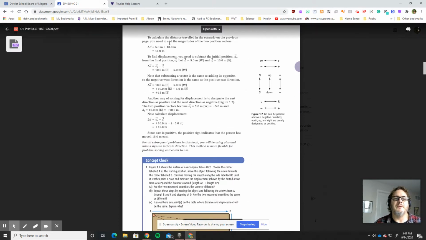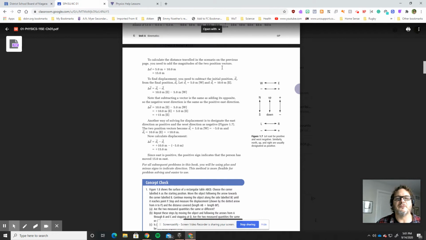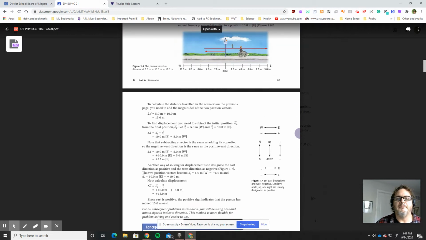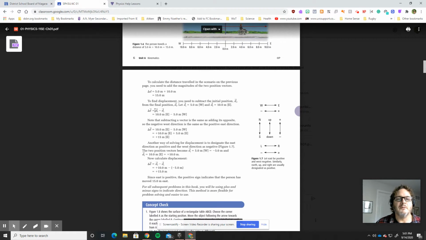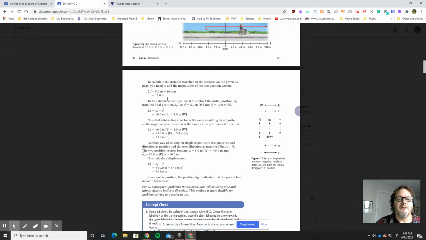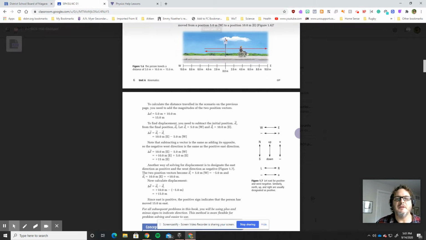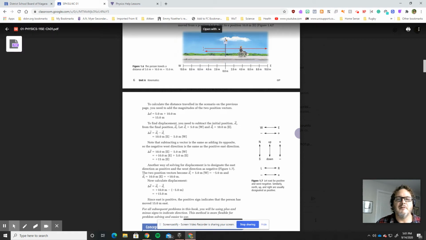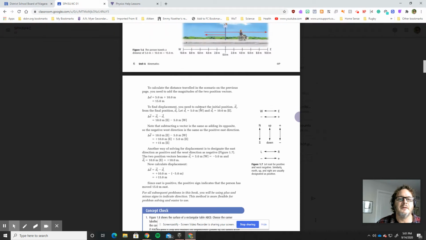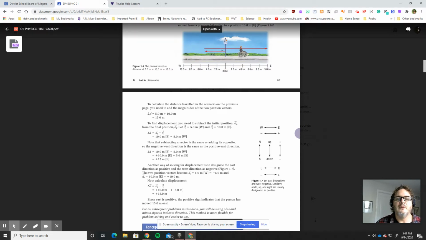So for instance, when they do the example to calculate the distance traveled in the scenario on the previous page, we have 5 meters plus 10 meters is 15 meters. So we went 5 and then 10 back. The distance is 15, but the displacement is we add these two vectors up.